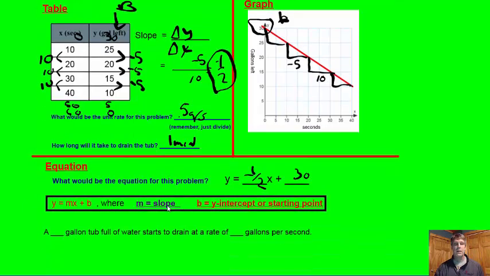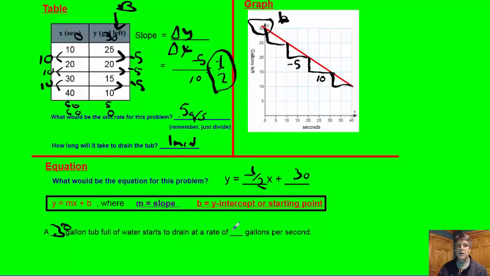All right. So what would it look like? Now, using the slope that I found and the starting point, what would the problem read if I inserted those two in? Well, if you're taking a test or doing some of your homework, it says a blank gallon tub. Well, that's my starting point. A 30-gallon tub, okay, full of water, starts to drain at a rate of my slope.